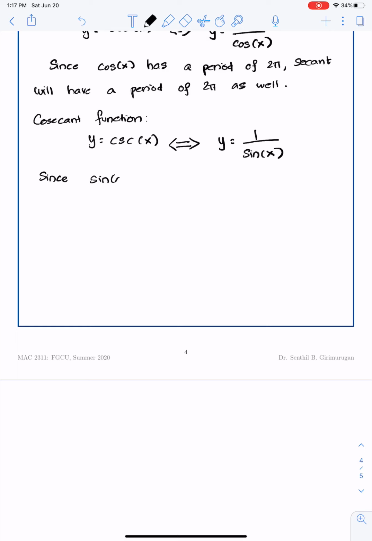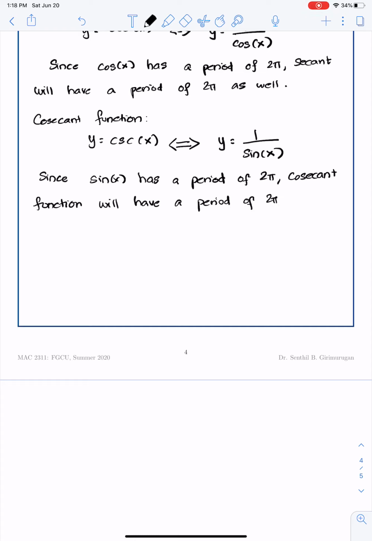Since sine of x has a period of 2 pi, cosecant will have a period of 2 pi as well.